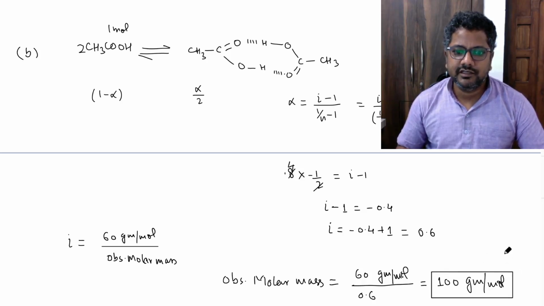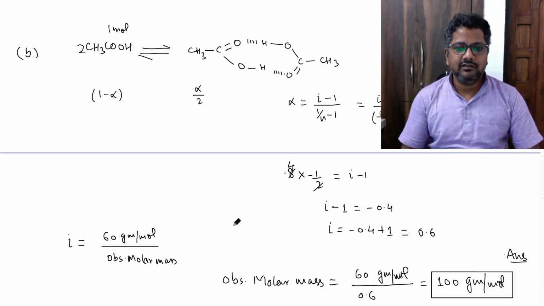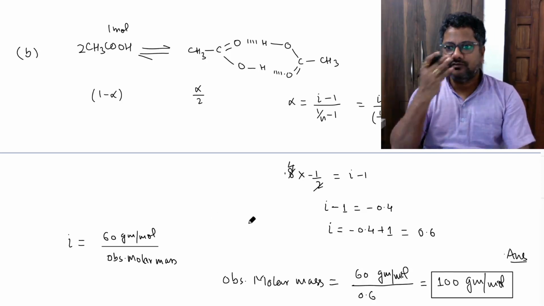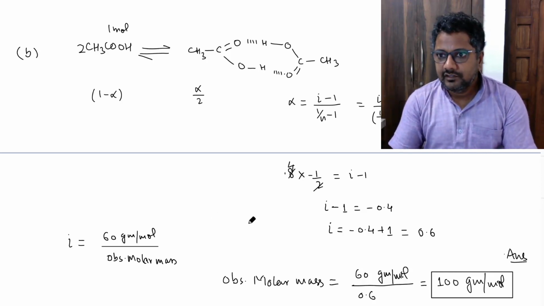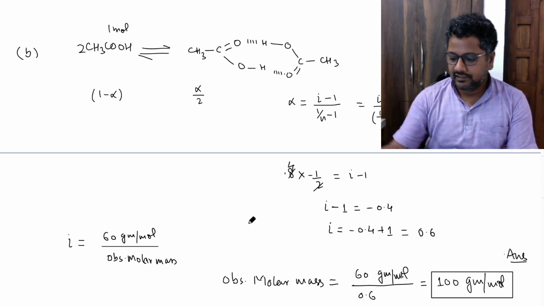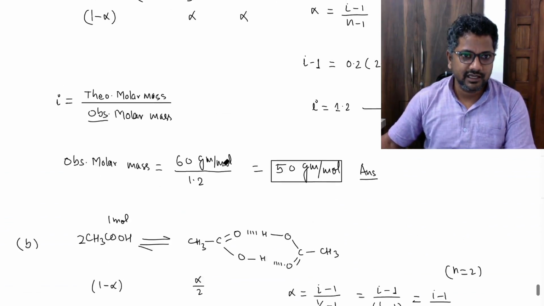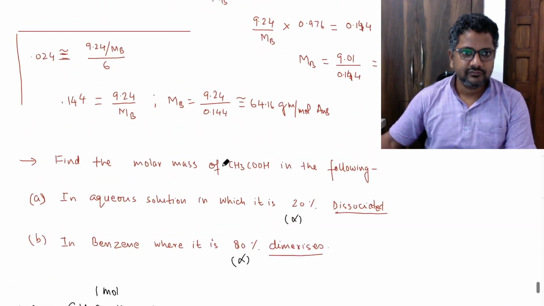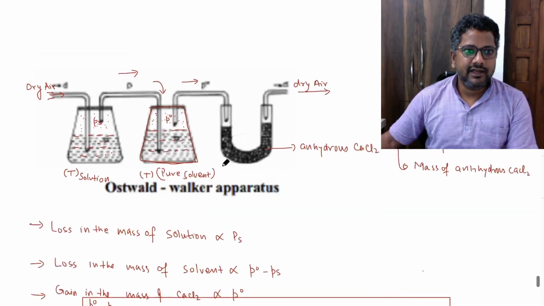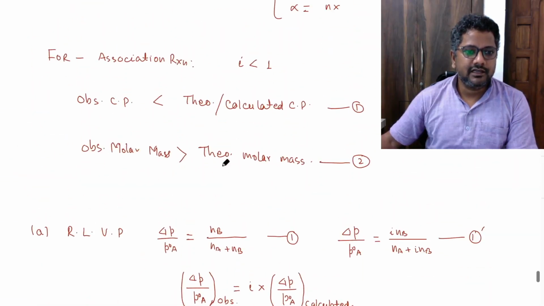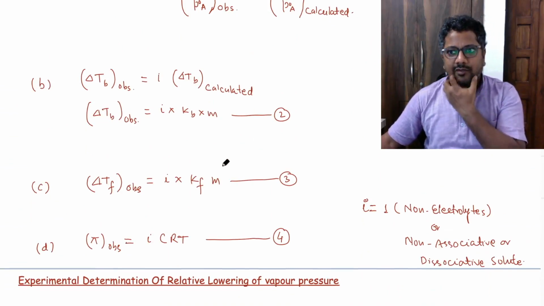So see, when i is less than 1, then molar mass is more than the theoretical molar mass, right? And if i is greater than 1, then the molar mass is less than the theoretical molar mass. So see, this is what Van't Hoff factor and abnormal colligative properties.